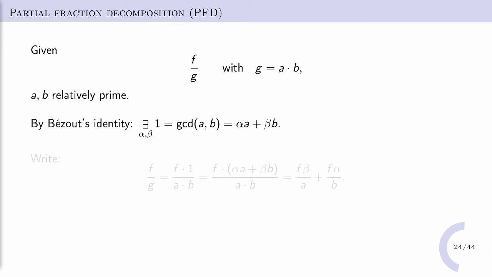Once we have a fraction, and we can factor the denominator into a product of two relatively prime factors, then by the Bezout identity, there are some elements alpha and beta such that 1 is a linear combination alpha A plus beta B. And now, as I presented previously, we replace this fraction f times 1 over A times B. We replace 1 by this linear combination, and we split this fraction into a sum of two fractions, cancelling the common terms, so cancelling B here and A here.